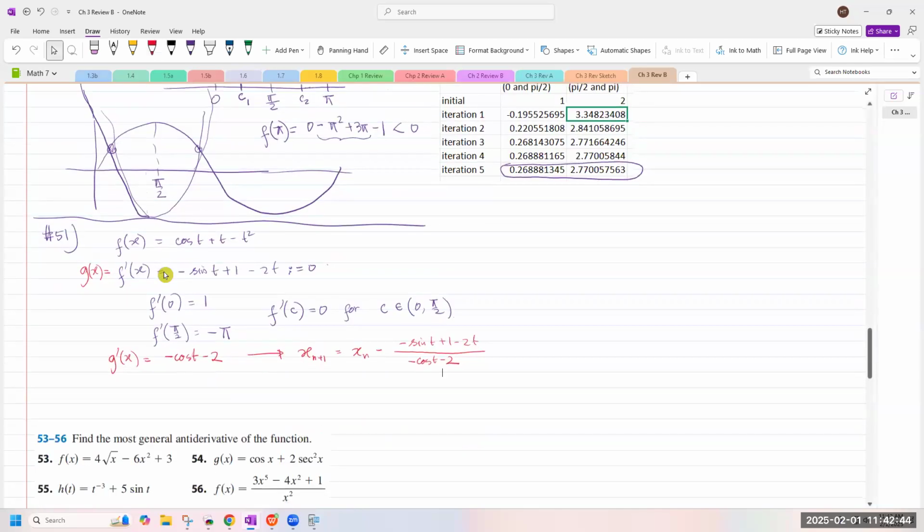Let me cancel the negative from the top and the bottom. So that will be sine t minus 1 plus 2t over cosine t plus 2. That's the one I will use.